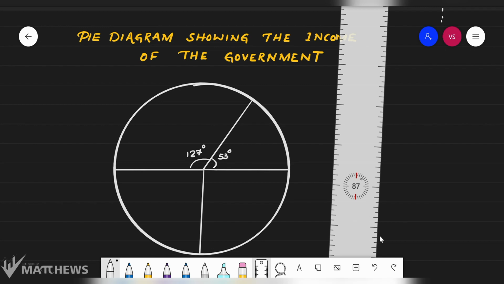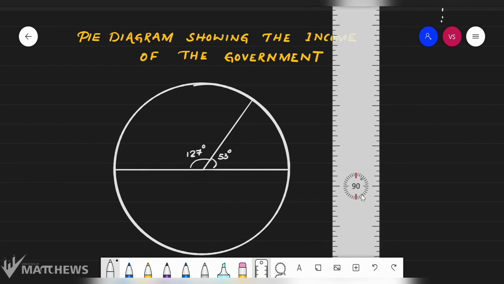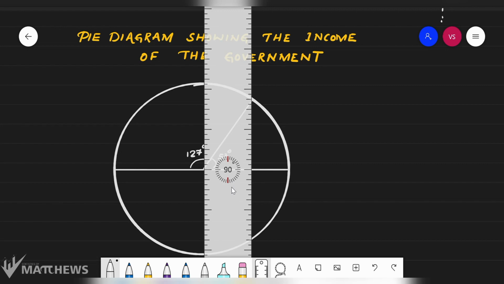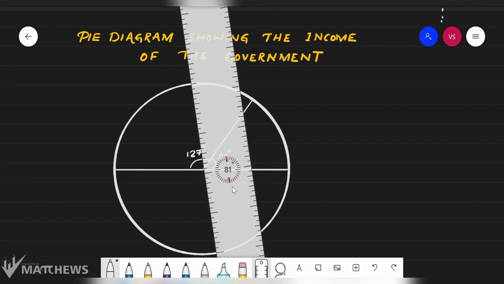I'll just remove this line. Okay, it should be 107. This is 90. So from 90, again 17 degrees. So it should be like this, almost.